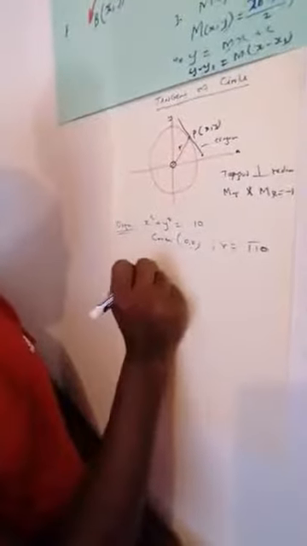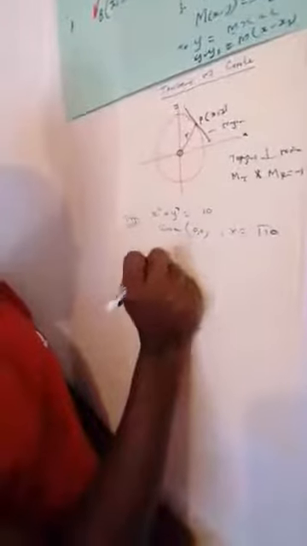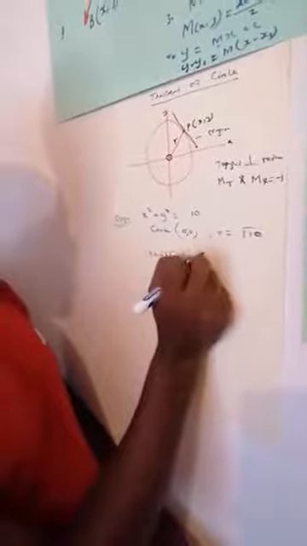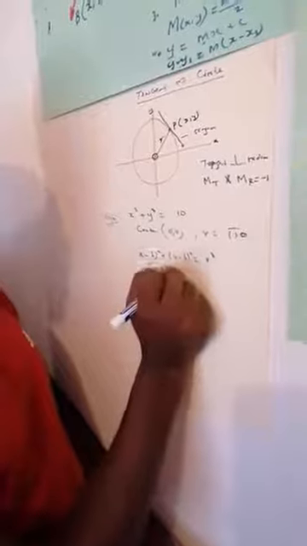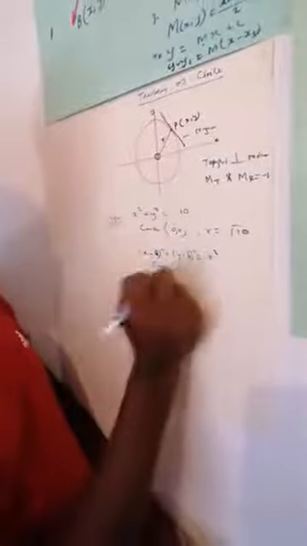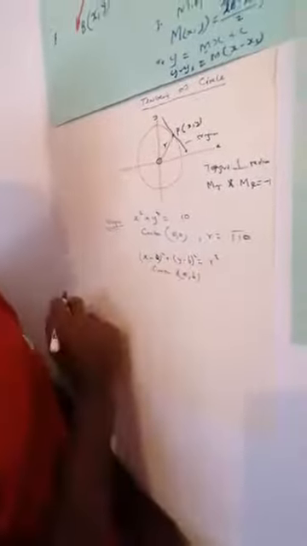But if we are given something like (x minus a) squared plus (y minus b) squared is equal to r squared, you must know that our center is (a;b), and then we've got our r.